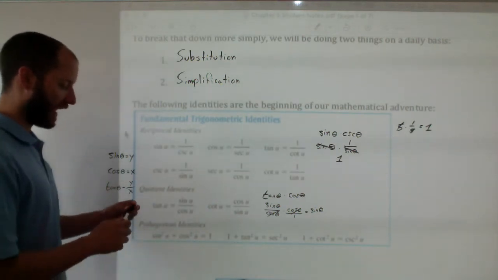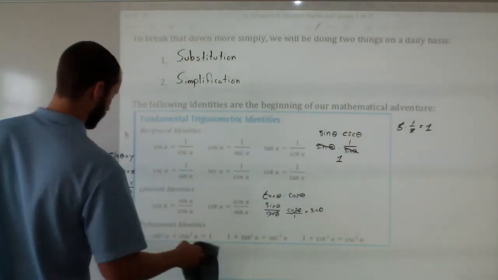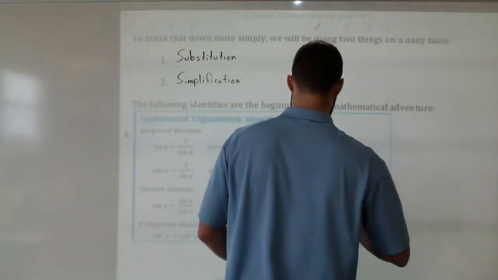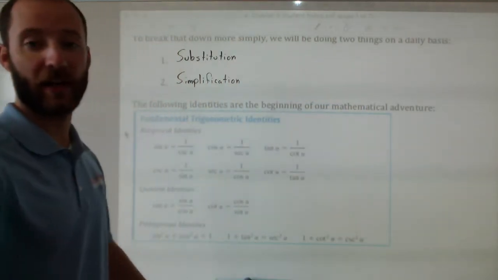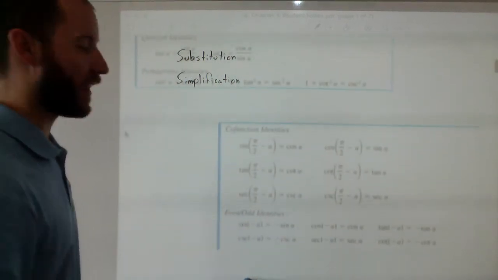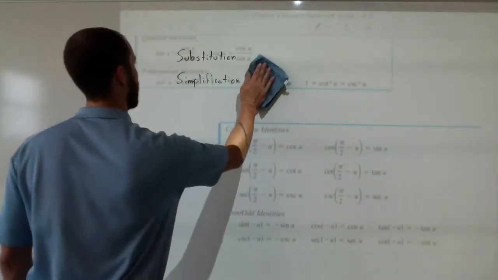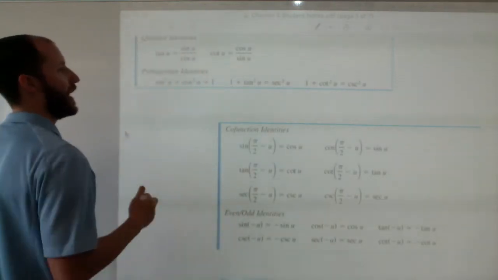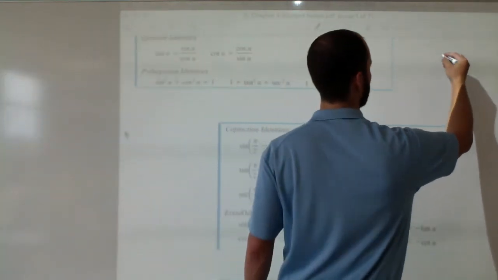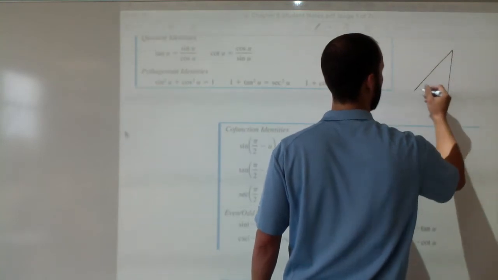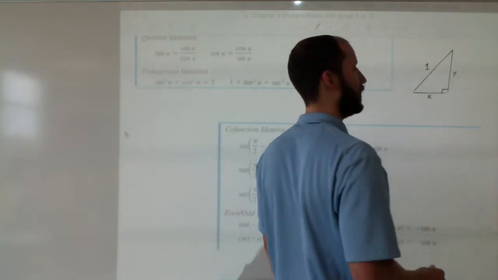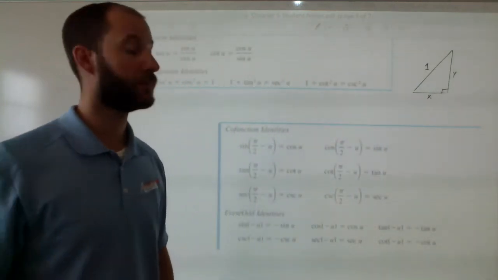And then we have the Pythagorean identities, okay? Now these Pythagorean identities are fairly helpful whenever you see values that are being squared and added. Now, if you think back to a right triangle on the unit circle, we have x, y is on the unit circle, so it's 1.